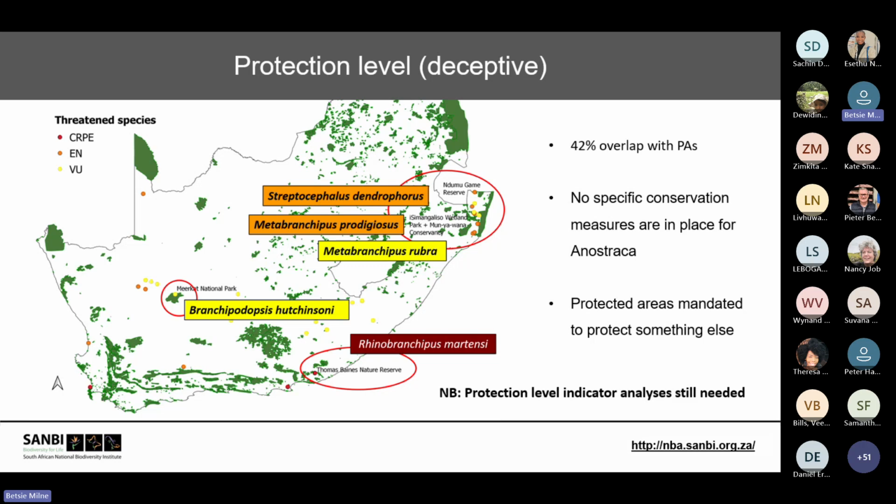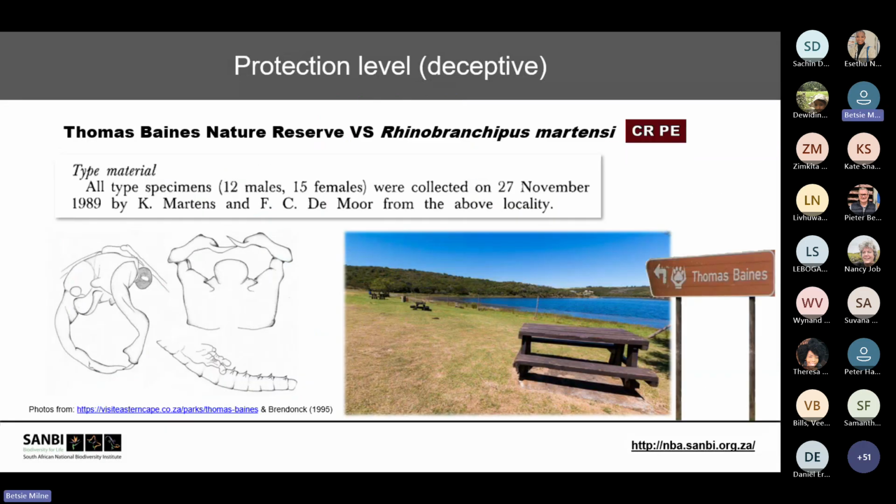But this overlap alone is quite deceptive actually, because there's no specific conservation measures in place for Anostraca. And most of these protected areas are actually mandated to protect something else. Just to give you an example of why this is so deceptive, the species that is found in the Thomas Baines Nature Reserve was originally collected there in 1989, the first time and the last time.